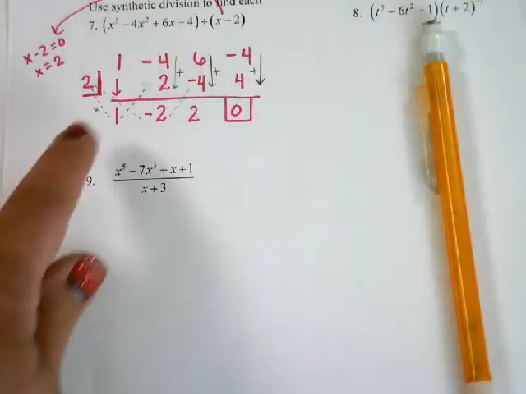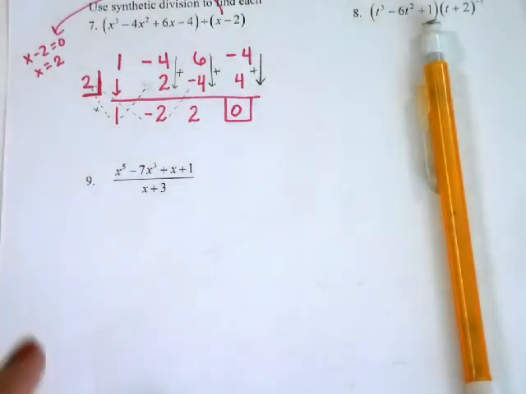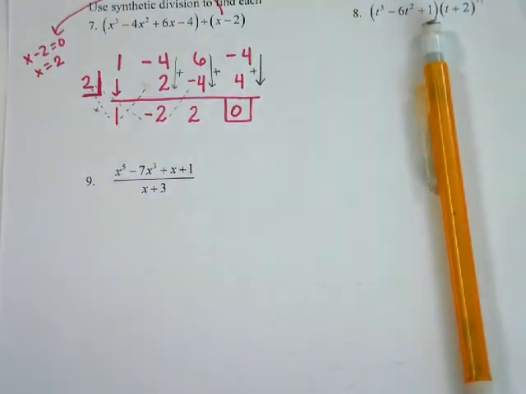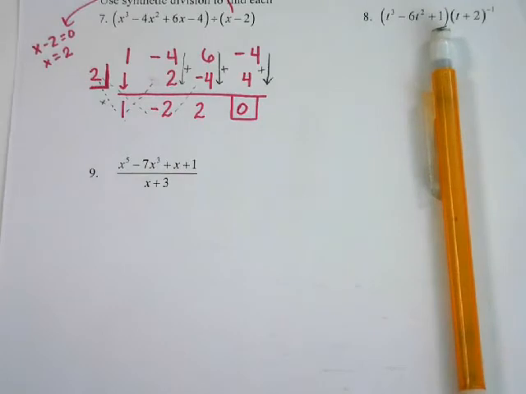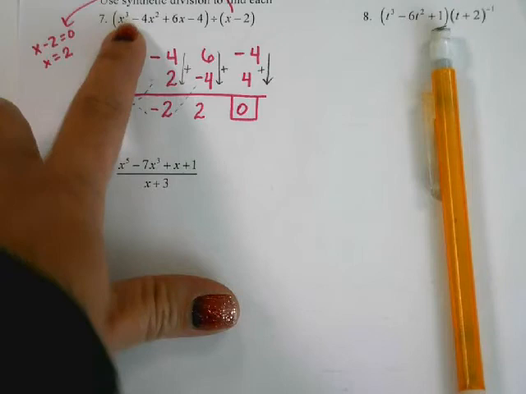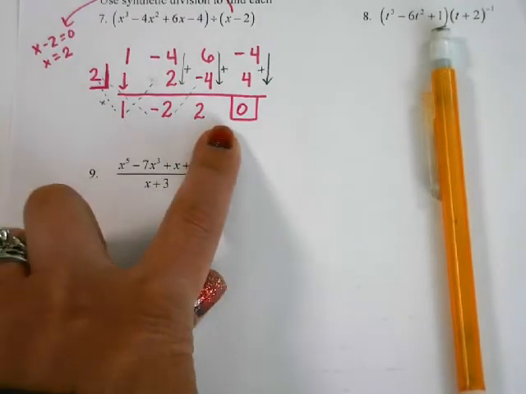In fact, what we call this guy right here is a depressed polynomial. He's sad. He lost an exponent, okay? So we've depressed his polynomial. He started out with an x to the 3rd. We divided an x out. What's he going to end up with? X to the 2nd. Okay? So if this guy started out with an x to the 3rd, these are the coefficients of my answer.